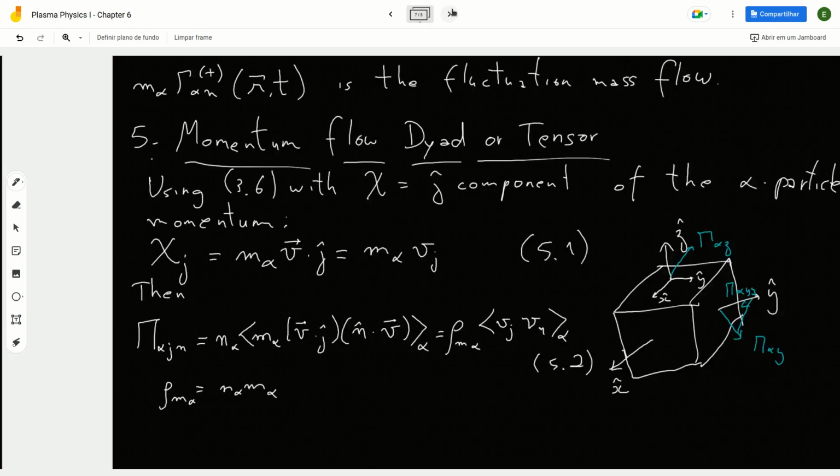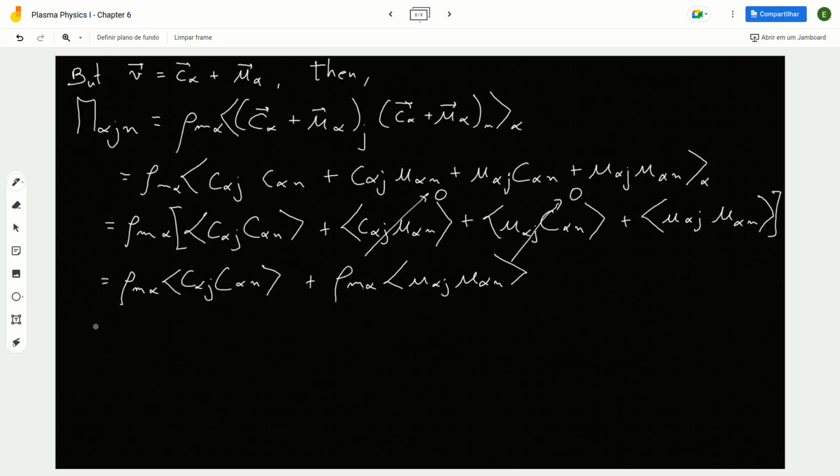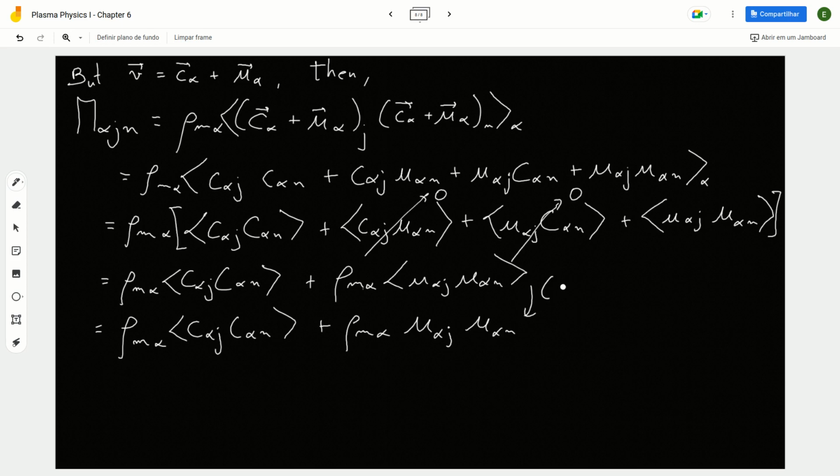So let's do it. This ends up like this. C has to keep the brackets, but for u, I just write it like this. So here I use 2.2, and this is 5.3.